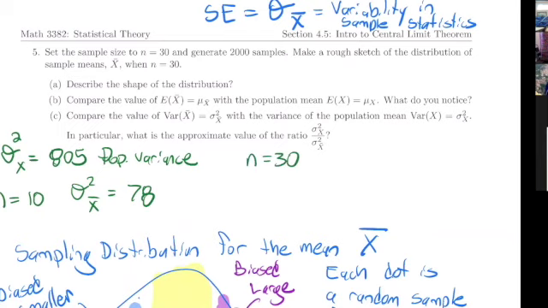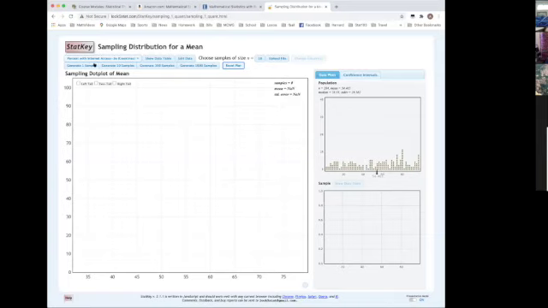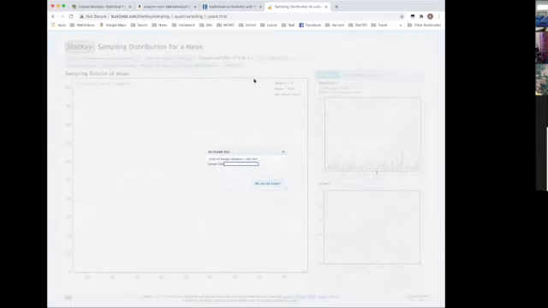So this one is asking me to do it with n equals 30. I'm just going to reset the plot. I guess I can show you. So I just cleared it out, and I'm going to change n from 10 to 30.